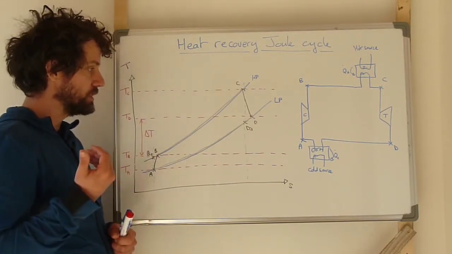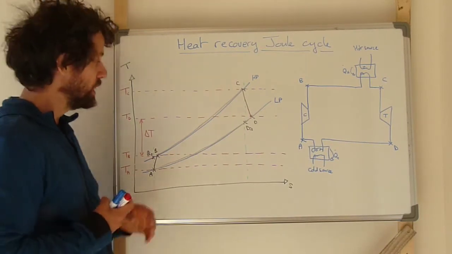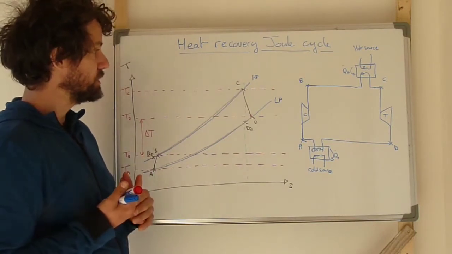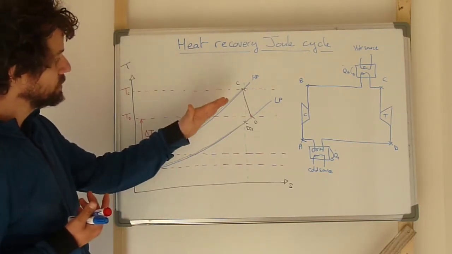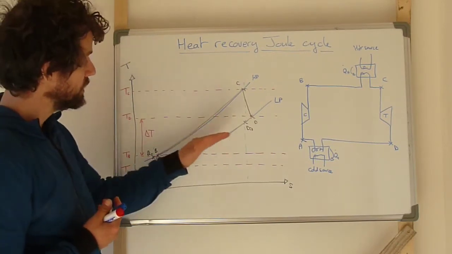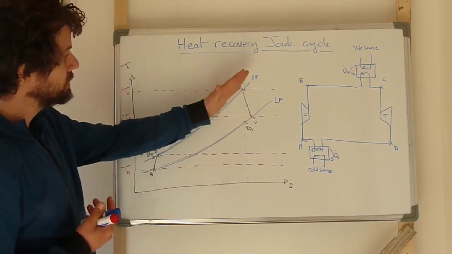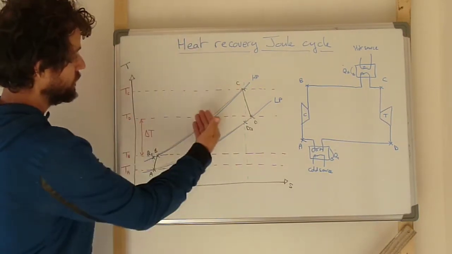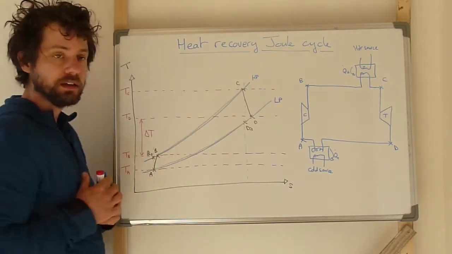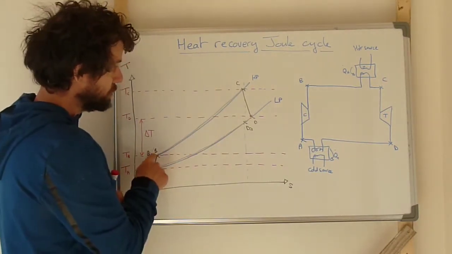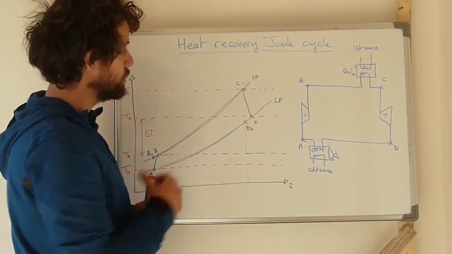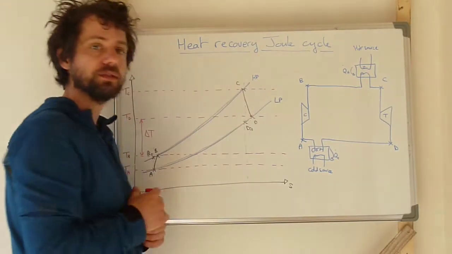For example, if we increase the pressure ratio across the compressor and the turbine, it tends to increase the spacing between the two isobaric lines, so the high pressure will go in this direction, and it will tend to increase the temperature of point B, but also to decrease the temperature of point D, because it will be pushed down to the left.